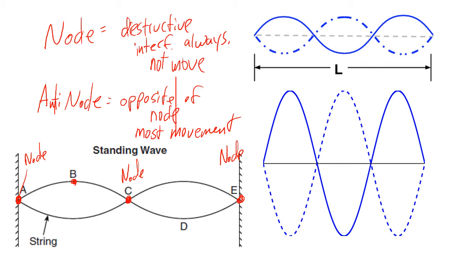Antinode is here, because point B is going to be going up and down the full length here. It's the same thing for D. Alright? So this is going up and down the most because it's an antinode. So we'll write antinode. And the amount of nodes you have depends on how many humps you have. Right? So in this case, there are 3 nodes, and there are 2 antinodes.